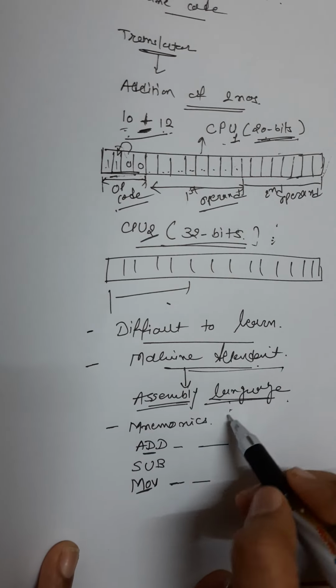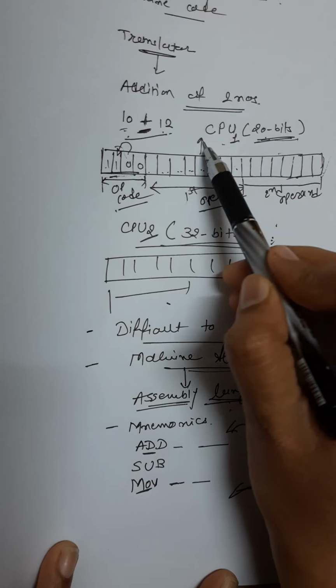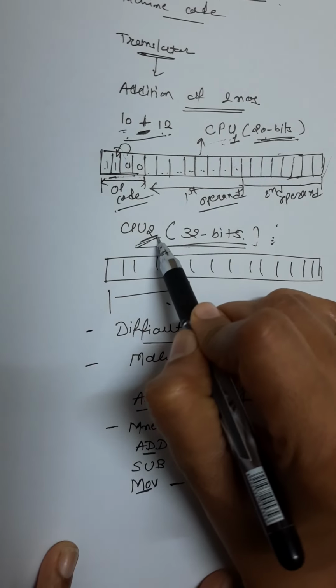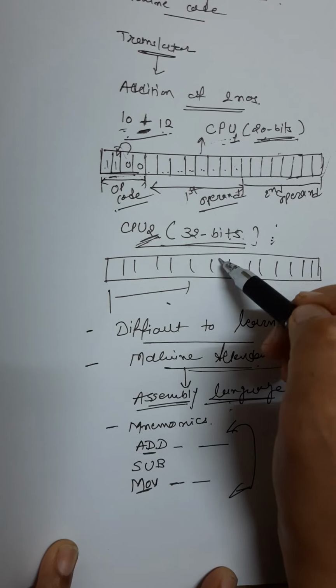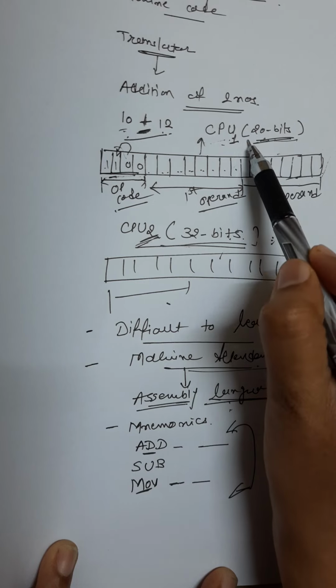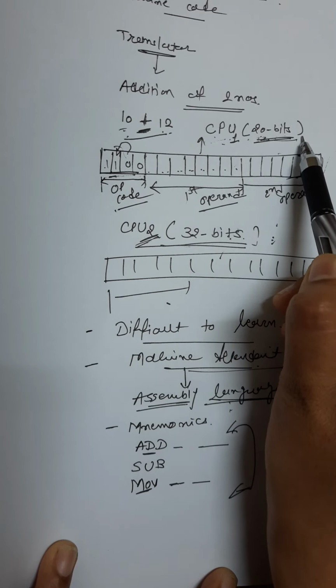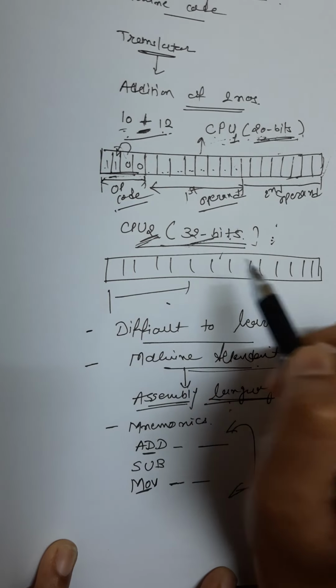If we write code to execute on one machine, it will not get executed on another machine. Why? Because of the processor architecture, the CPU architecture. Here it is executing an instruction set of 20 bits, here it is executing instructions of 32 bits.